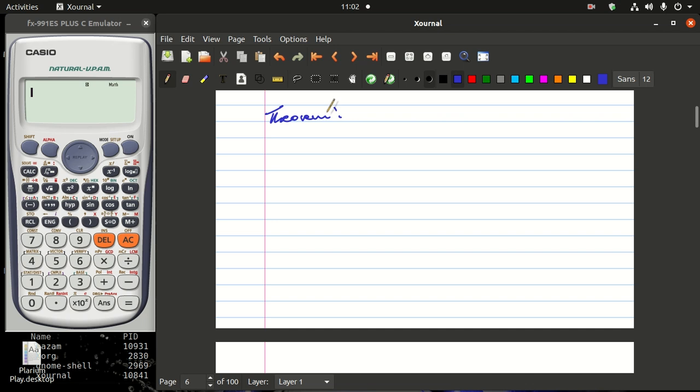These theorems, once you grasp them and put them in your head, it's easy to use them.